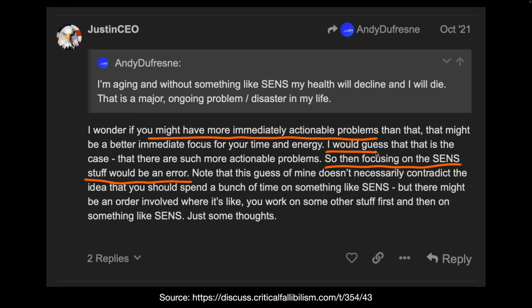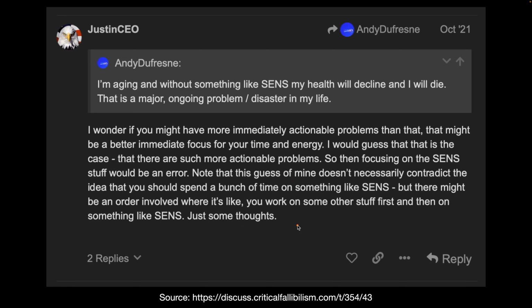And so Justin guesses that that is the case, that the person does have more immediate problems in their life. And then we get this caveat, and then we sort of take it back, and then we have the disclaimer, the permission to not be bossed around by this paragraph.